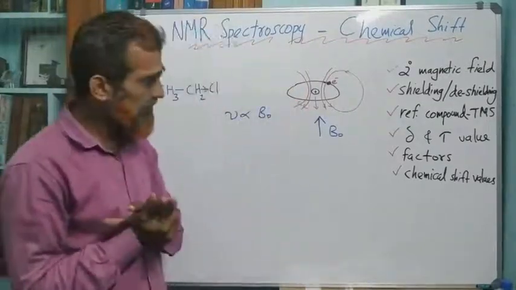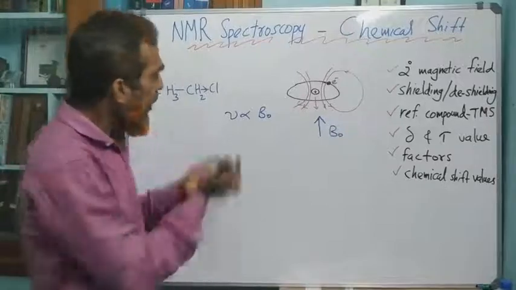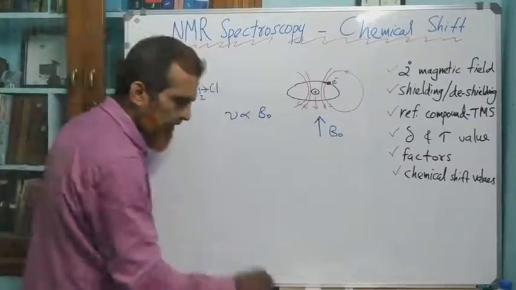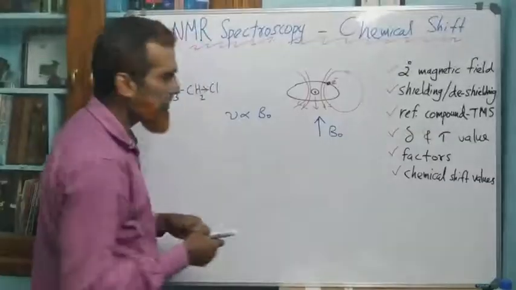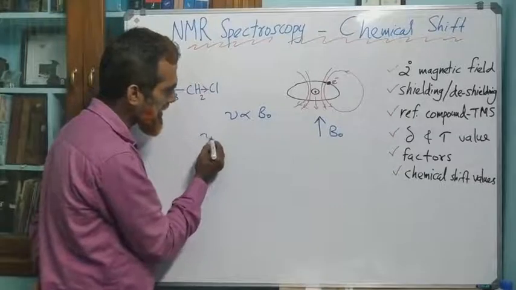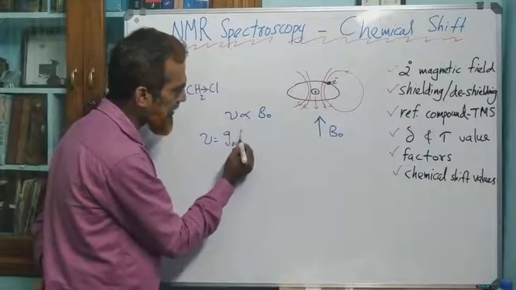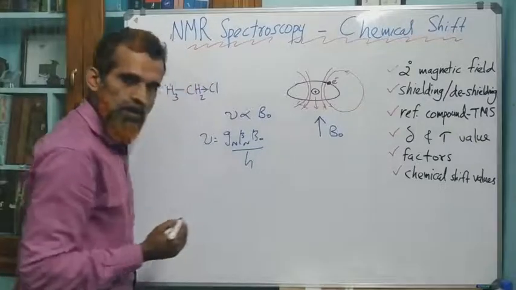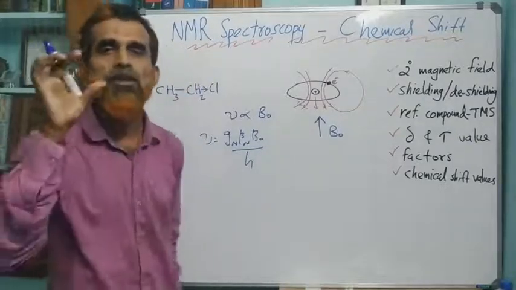Now, what is chemical shift? How do we represent this? That's a question. See, in the equation for frequency, we have seen this equation nu equals g_n beta_n B0 by h. This is for an isolated proton.